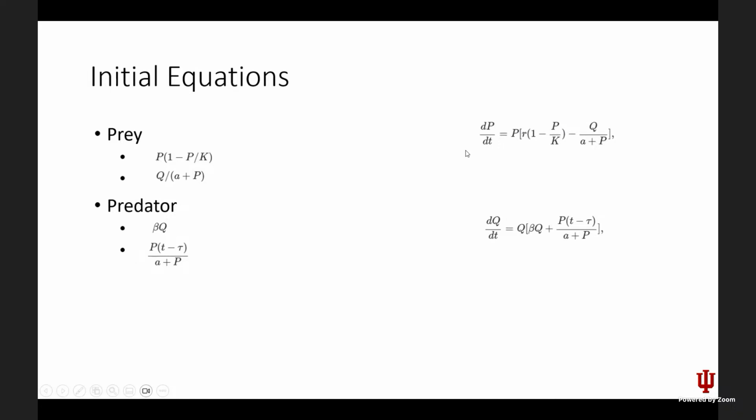The first section represents that the rate of change of prey will increase if there is less prey in the system. If there's less prey, there are more resources for the prey to obtain, therefore you will get more prey in the system. The second section says the rate of change of prey will decrease if the predators are able to convert prey into resources efficiently.